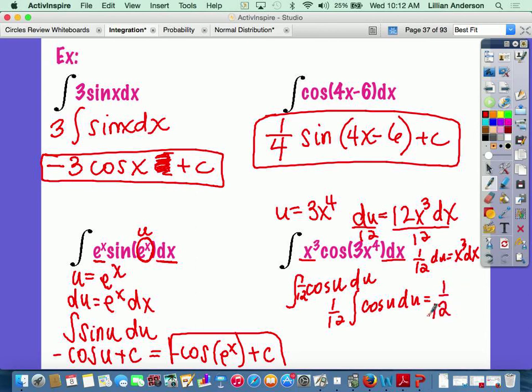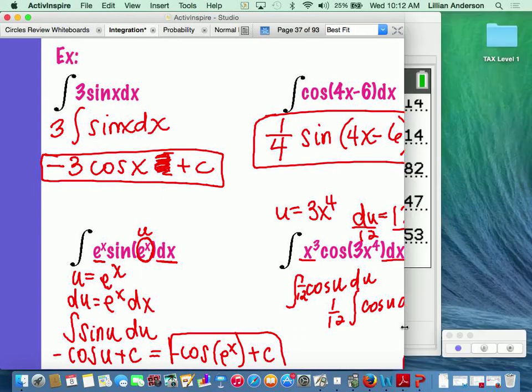And the antiderivative of cosine u is what? Sine u plus c. But I am not going to leave that u in there. It's going to be replaced with 3x to the 4th plus c.